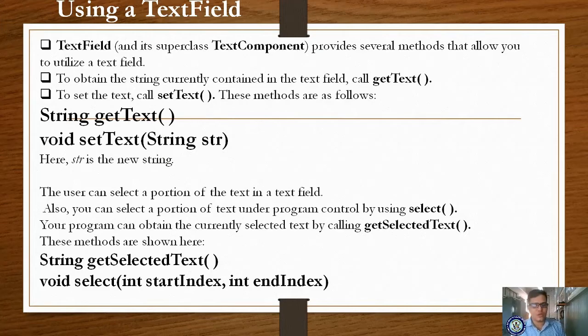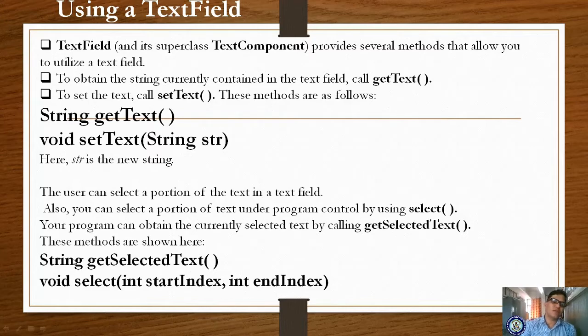Whatever text you have selected in your text field, if you want to access it, you have to call the getSelectedText method. Let us see the syntax of select as well as getSelectedText.